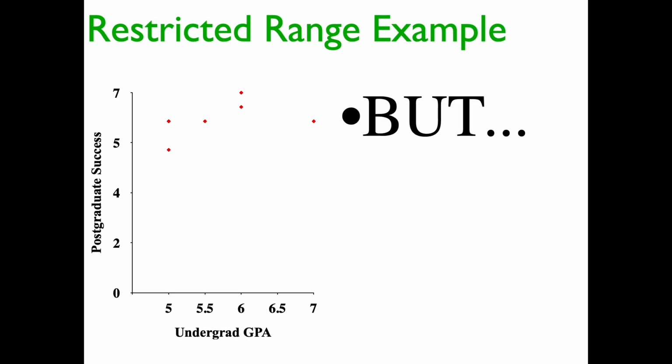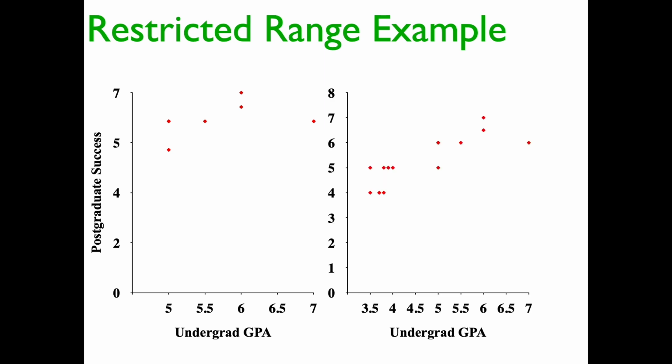But let's say the real problem here is that you only focused on people that had GPAs of 5 or higher. What if we go ahead and look at a much broader range? Let's just say that in some years they let people in that had lower GPAs, like 3.5, 4, 4.5, and so on. If we include those people, you can see now that there is more of an established relationship: basically, the higher your GPA, the more success you had in postgraduate.